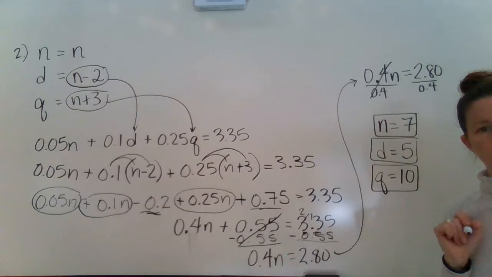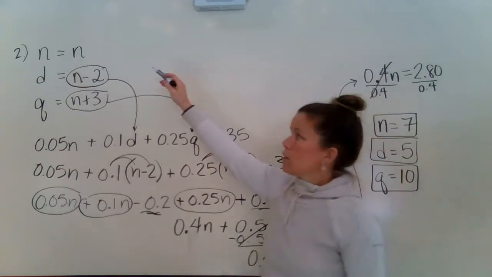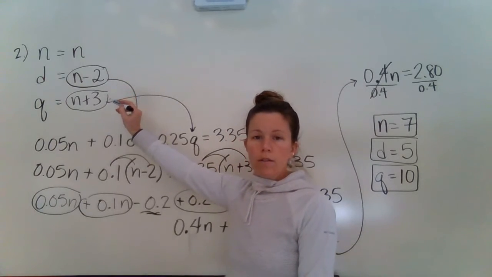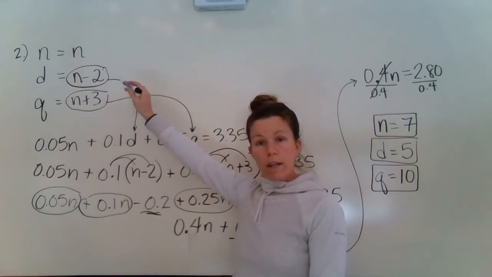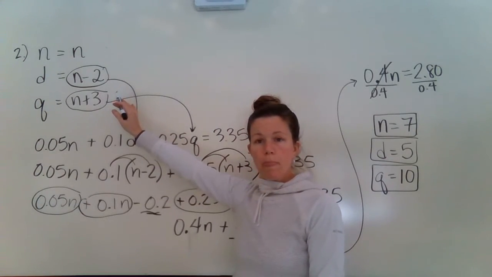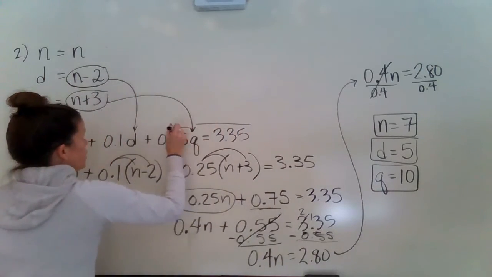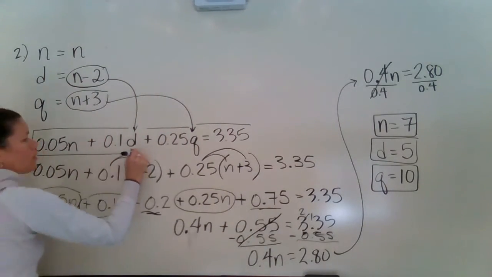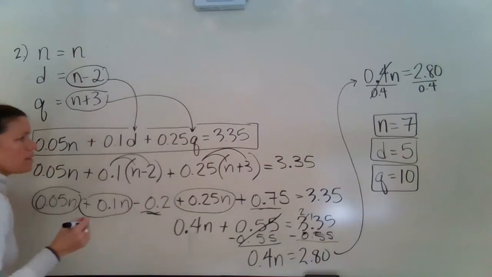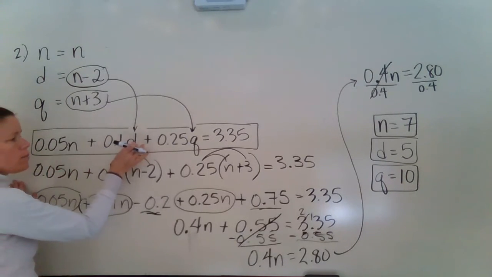Does that make sense? We started out and made a relationship between the number of nickels, dimes and quarters, and I wrote it down on my whiteboard here. You write it down on your paper. Then I wrote a value equation, where I used nickels, quarters, and dimes to help me understand that this is the value of the nickels times the number of nickels plus the value of the dimes times the number of dimes.